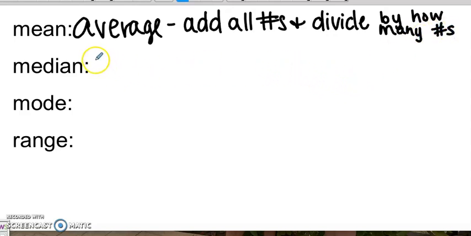The median is the middle number. You have to put numbers in order from least to greatest to find the middle number.